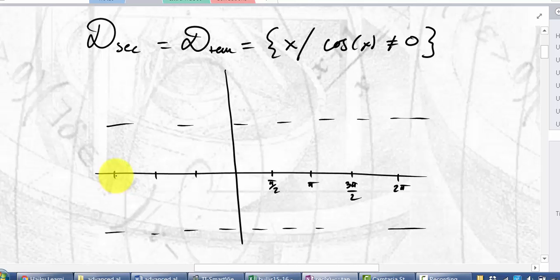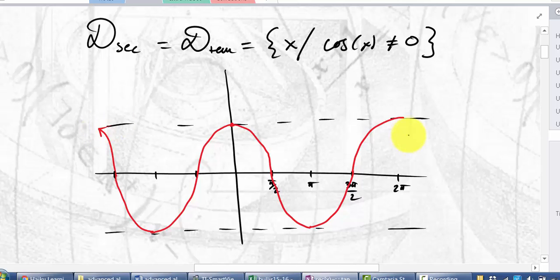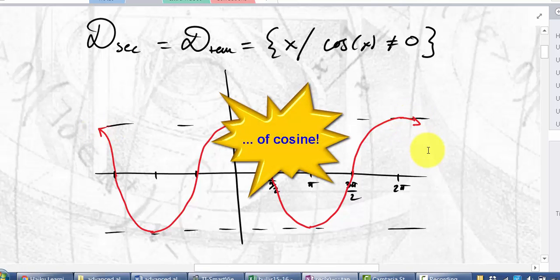So how does cosine go? Well, cosine starts at the max, cosine 0 is 1, then it's 0, negative 1 at pi, 0 at 3 pi over 2, 1 at 2 pi, 0 at negative pi over 2. Here we go. This is a few arcs of cosine right here.